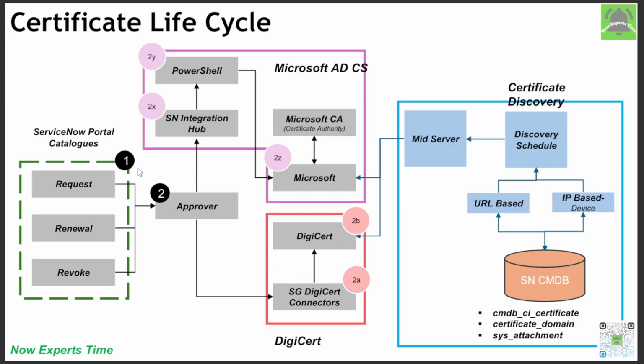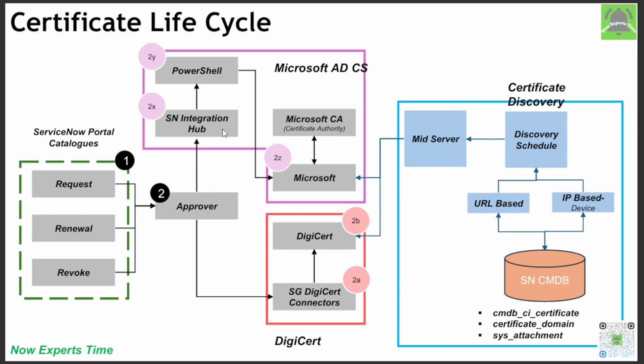Next thing is Microsoft ADCS. On the Microsoft ADCS side, there are no connectors, so we need to build the integrations with the help of Integration Hub and the PowerShell capability. When we talk about Integration Hub, PowerShell is one of the action items in Integration Hub. You need to enable that plugin. Based on the plugin only, you can connect the system.